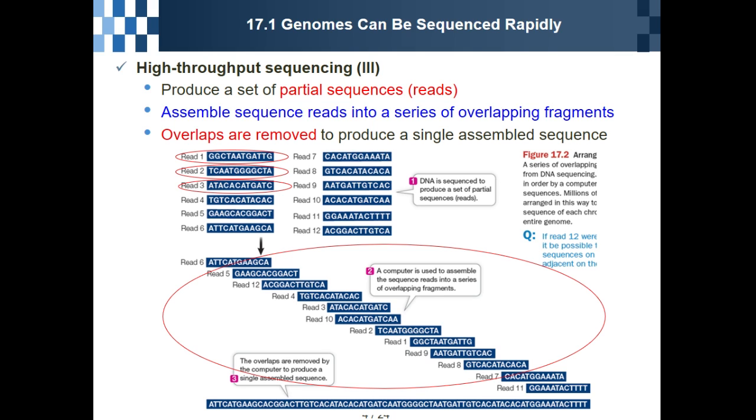And if that overlapping region is removed, then we have the single assembled sequence like this. So this is a procedure you have to know to solve the exam and the homework. Okay, very important.